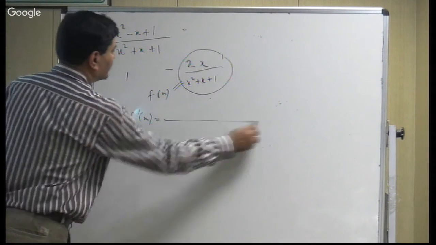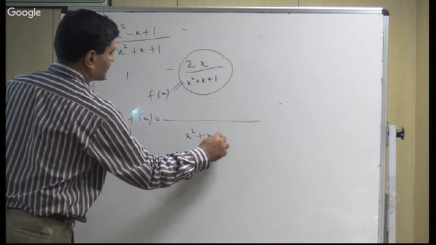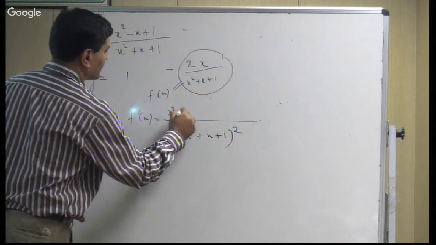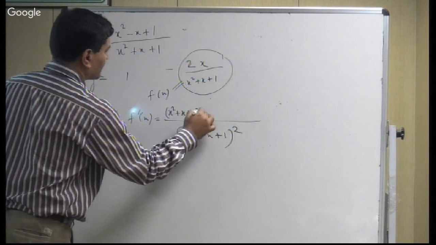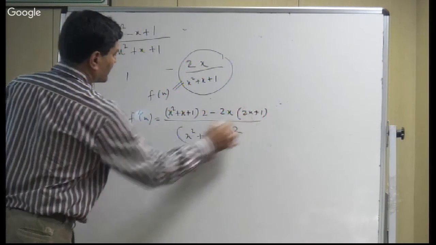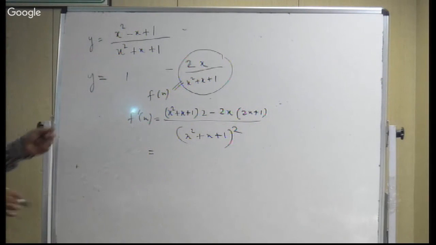So what is the derivative? On simplification, what is this giving you?